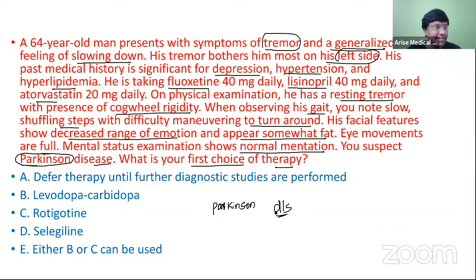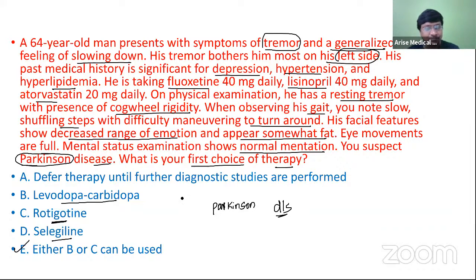Does anyone have any other answer apart from levodopa, carbidopa? Very good, Arya Ajesh, now you have answered it correctly. Either you can give levodopa, carbidopa, or rotigotine can be given. Either of these can be given.